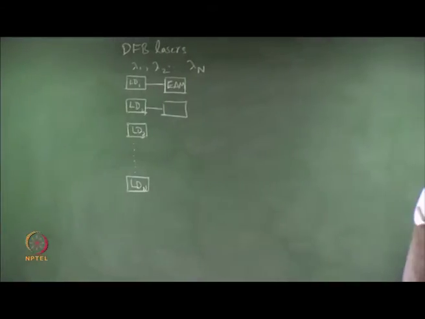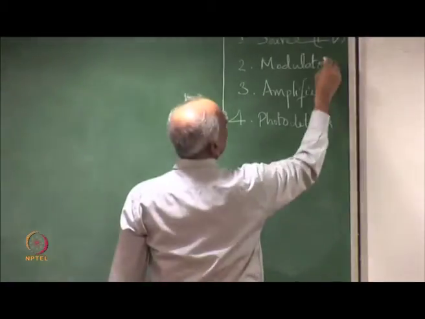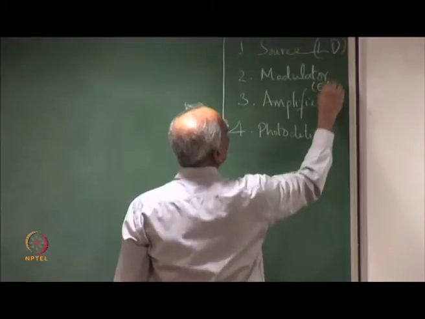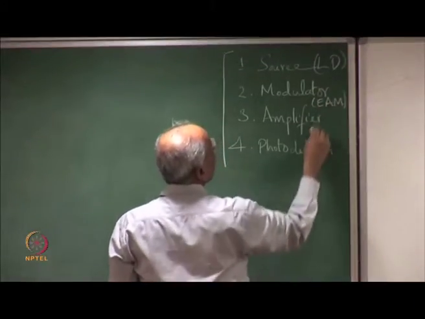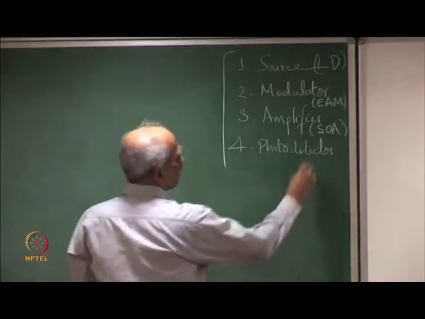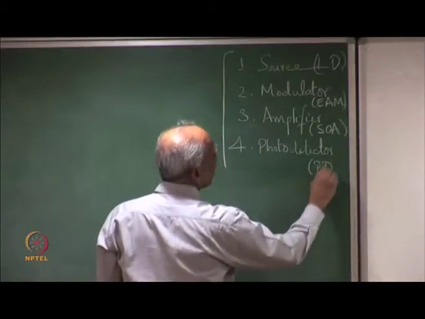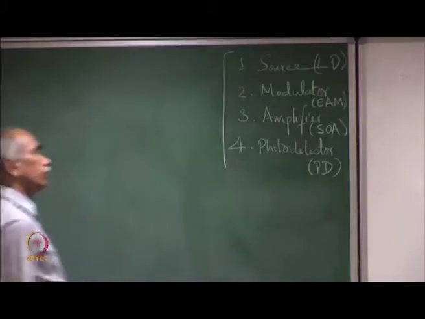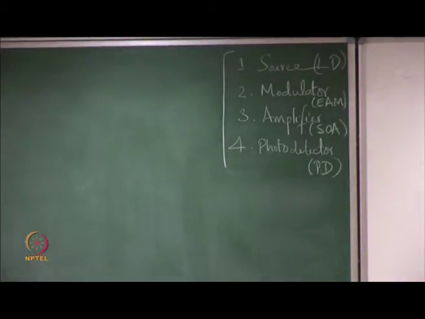So, this is LD, laser diode. Here we have EAM, electro absorption modulator. This is an SOA amplifier, and this is a photodetector, maybe pin or a.